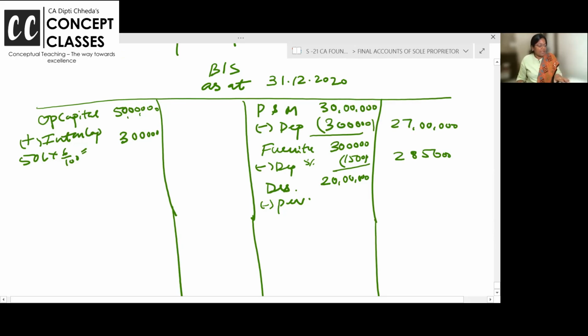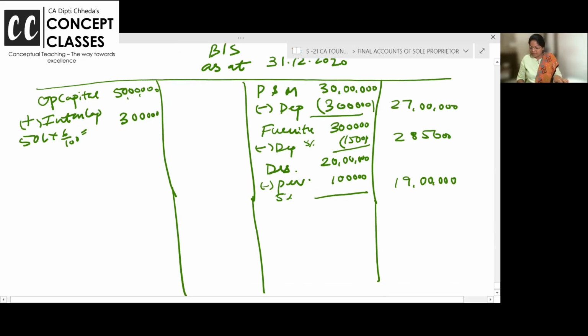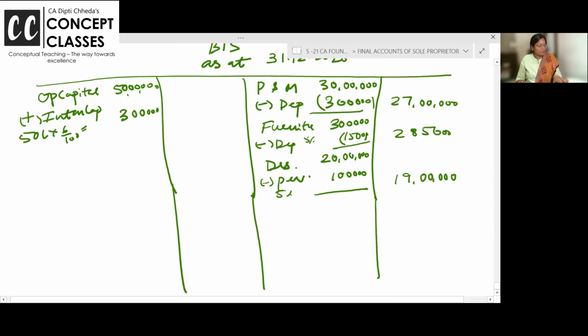A provision for doubtful debts 5% on the trade receivables. So debtors पे 5% provision करना है. 1 lakh. 19 lakh. ठीक है?